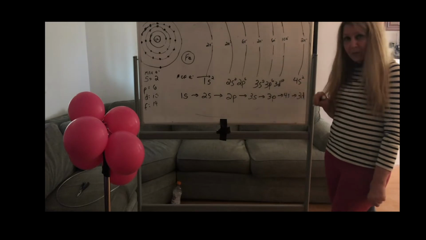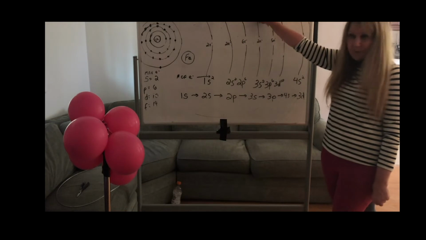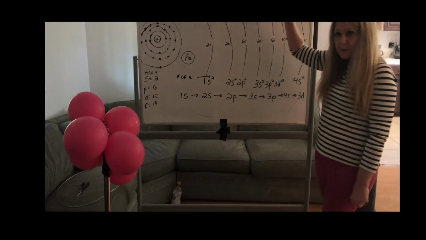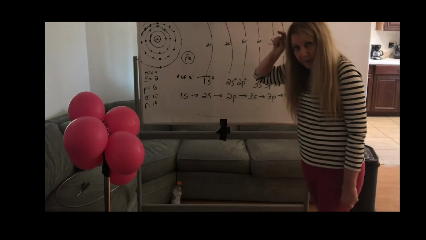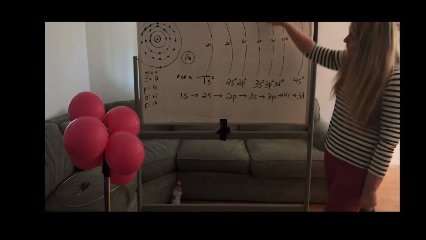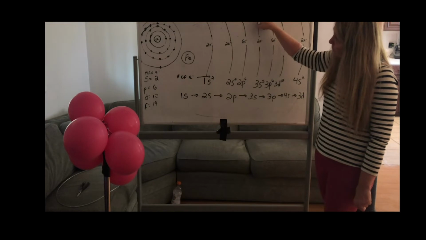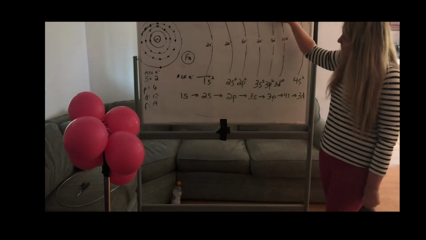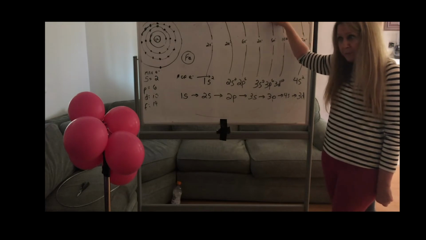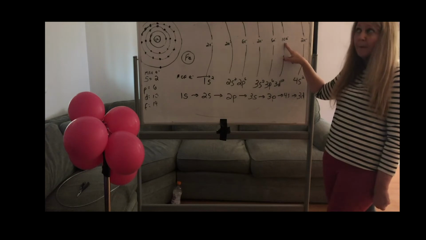The next level then is, so remember, energy level 3 has to have 3 sublevels, because each energy level has the same number of sublevels as its energy level number. So energy level 3 has 3 sublevels, and they are S, P, and now D. And the D sublevel can hold 10 electrons.